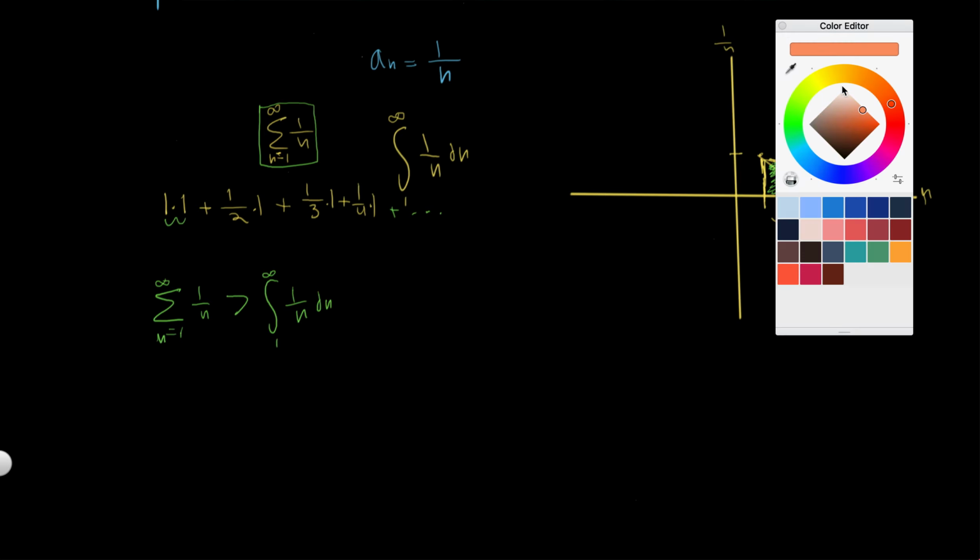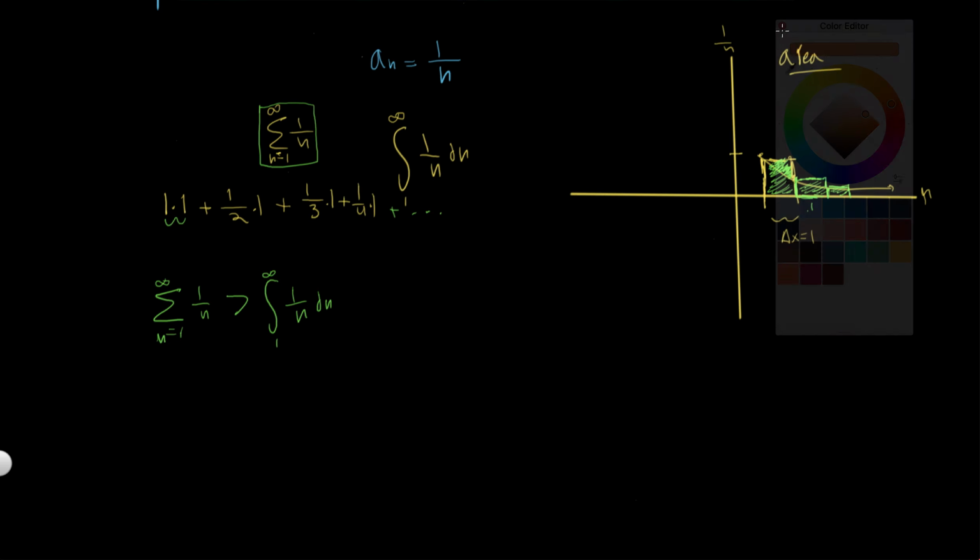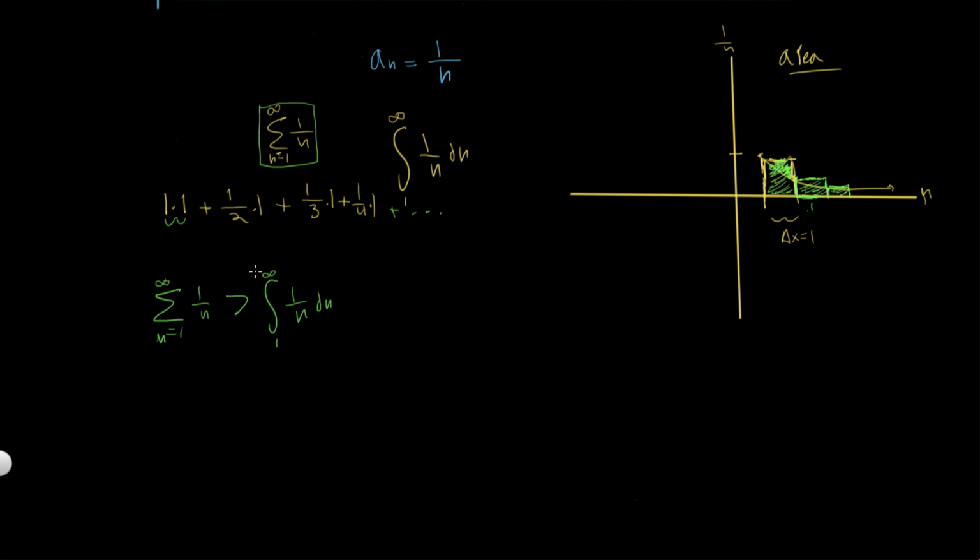Well, if we actually evaluate the integral using improper integrals and we get some value that diverges, that means that some value greater than a divergent value is also divergent. And again, that might sound complicated, but let me show you what that means. So let's just evaluate the integral from 1 to infinity of 1 over n dn. Let's see what happens.